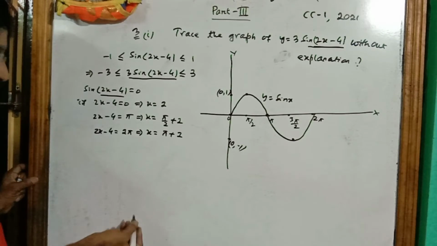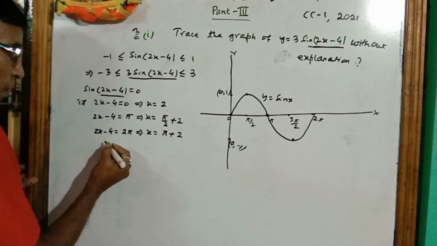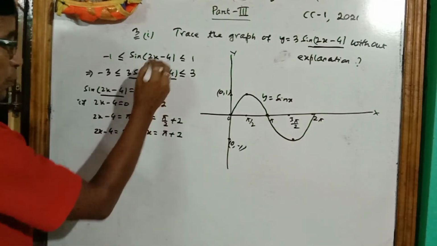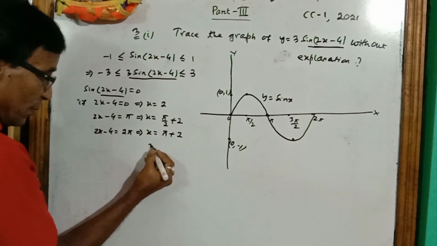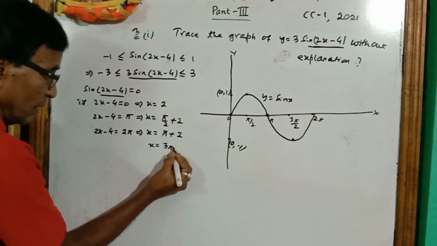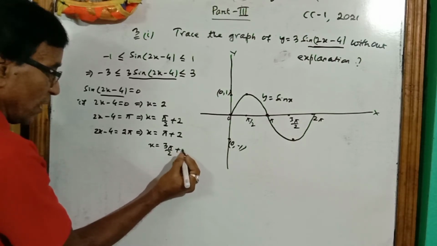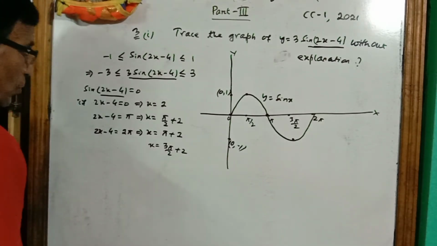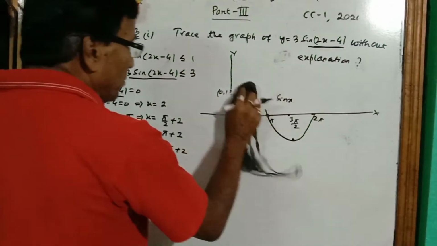Next, it will be 0 if x is equal to 3 pi by 2 plus 2. So it is a very simple thing to draw the curve of this.